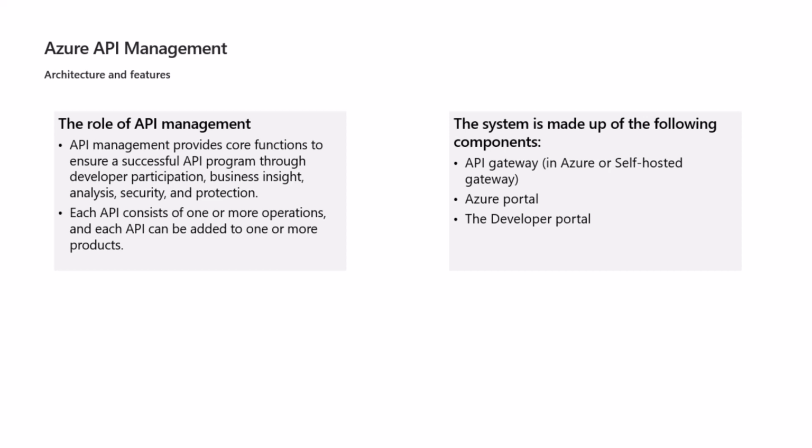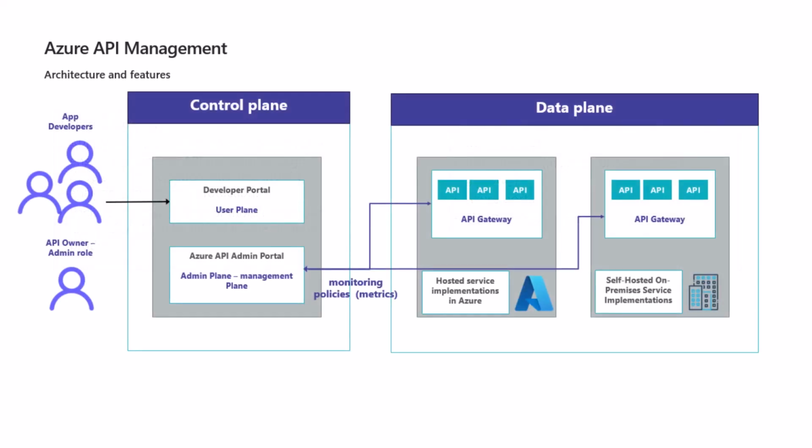Let's take a closer look at API Management as a platform. We can say that it comprises three key components. We have the API gateway, which we already presented before. This component serves as one or more policy enforcement points within the data plane, acting as the entry point.